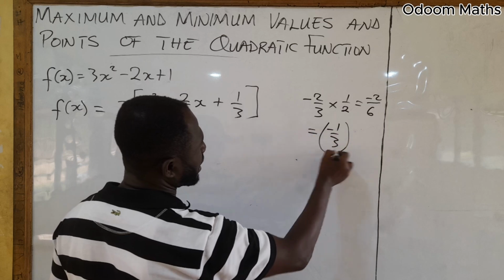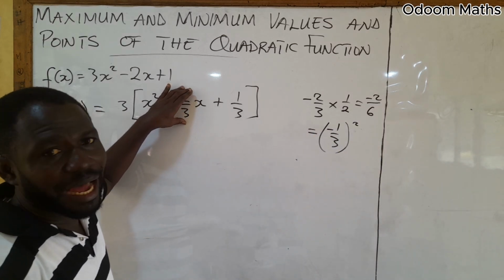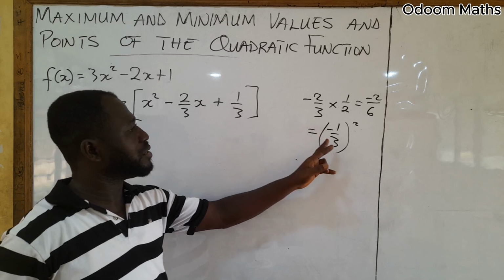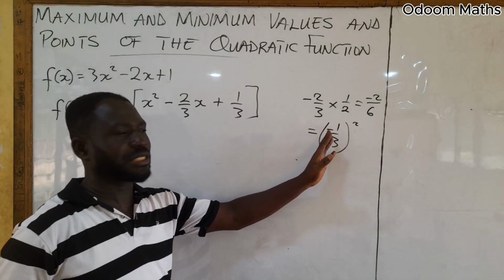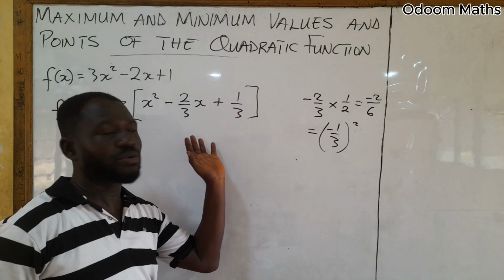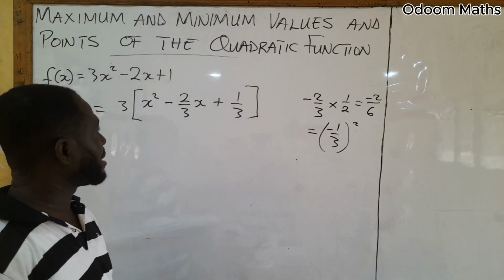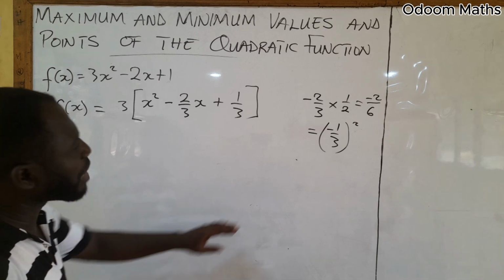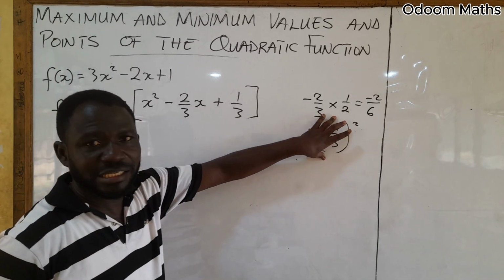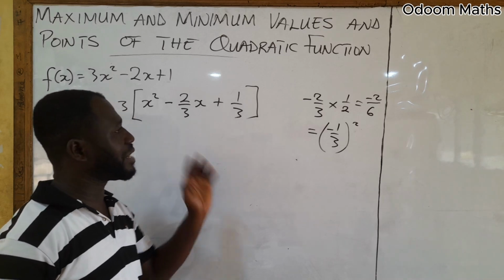I am going to square it, because after multiplying it by half, we square whatever result we have. That is just to get a perfect square, which will be simple for me in dealing with the example. So I'm going to add and subtract this to the expression in the brackets.